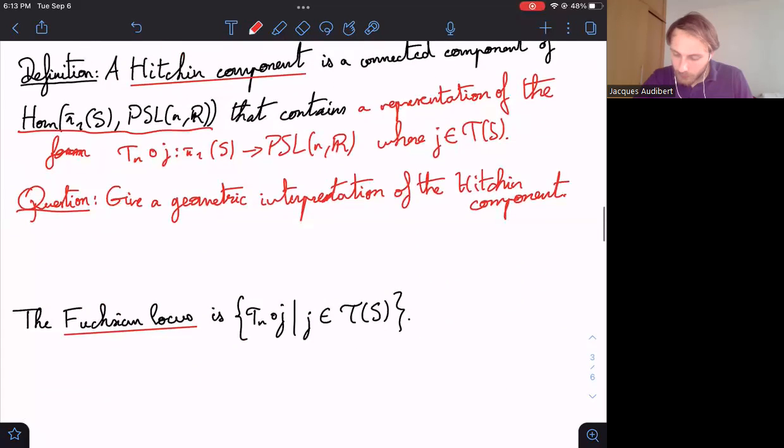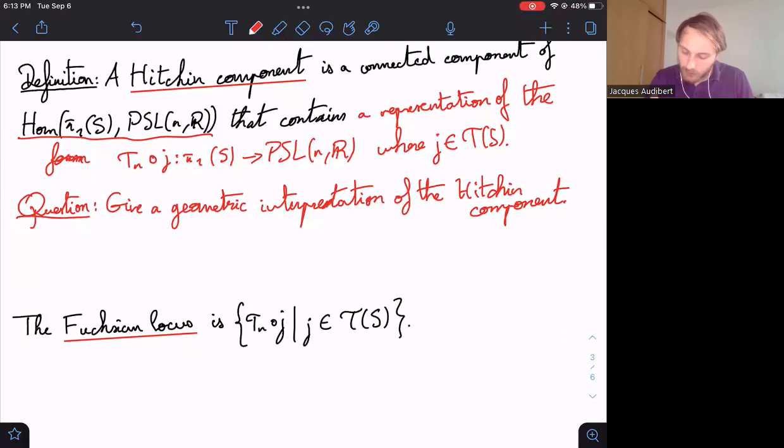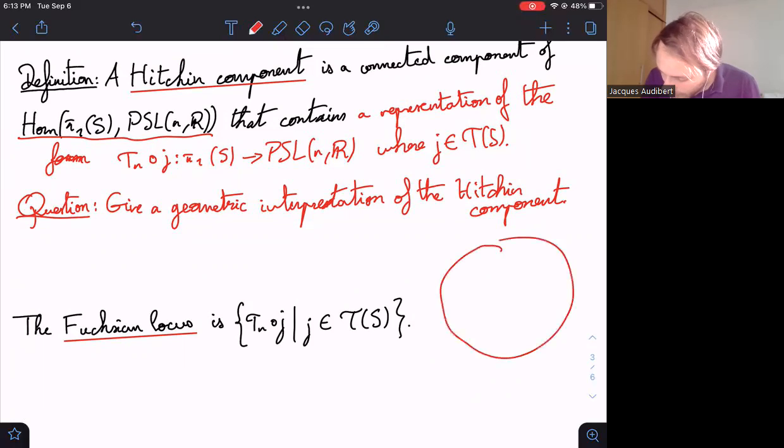Okay, so in the Hitchin component, you have the Fuchsian locus, which is exactly those representations. But actually, the Hitchin component, like here, okay, let's draw it like this. The Fuchsian locus should be something which is way smaller, way smaller in terms of dimension than the Hitchin component. But most of the Hitchin component is not the Fuchsian locus.